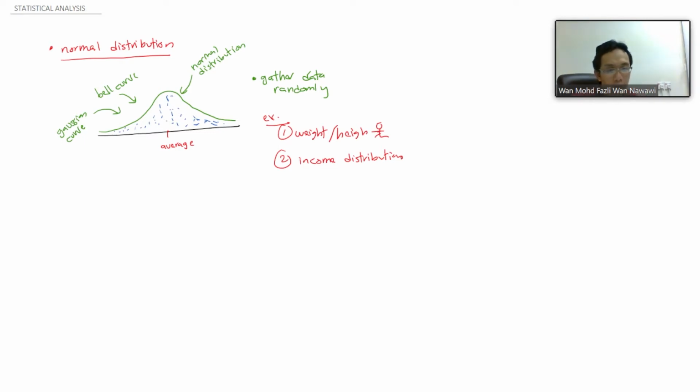Also, you can see this if you are doing an exam, the national exam or whatsoever. You can see this in the exam scores and so on. So basically it shows you that you can see this again and again in your life. Statistics basically uses this graph.